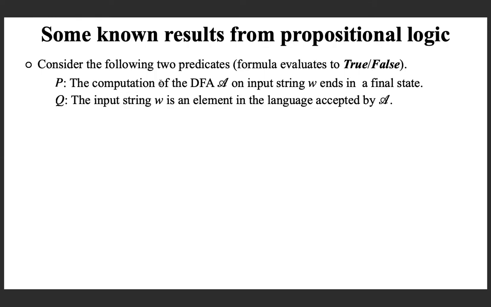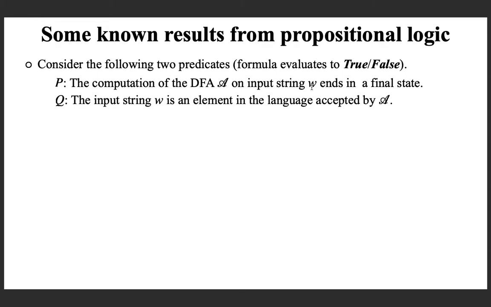Consider the following two predicates. A predicate is a formula which evaluates to either true or false. Now P is a predicate. What does it say? The computation of the DFA A on the input string w ends in a final state.